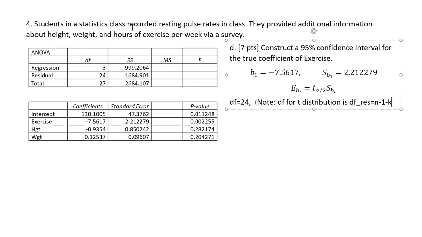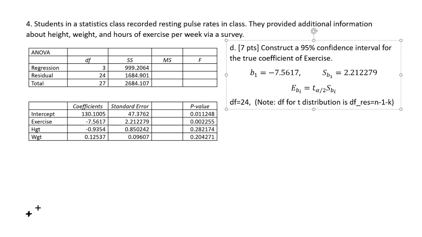It didn't say how many, but the total is n minus 1, so we know from here that the entries in the data is 28, so if you do 28 minus 1 minus 3, you get 24. So that's how you got 24, if you're curious to know how Excel gets the 24.